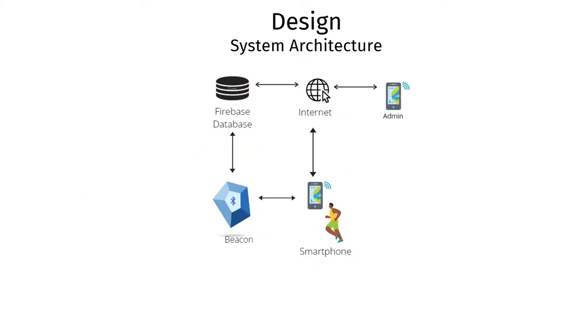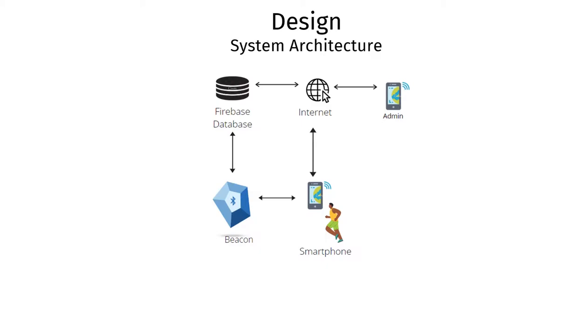The system works when a user, a runner in a marathon, uses the Smarthon application and is approaching, let's see, checkpoint 1. The checkpoint 1 will broadcast a unique UUID, and when the application receives the UUID, it will check whether it is coming from checkpoint 1.